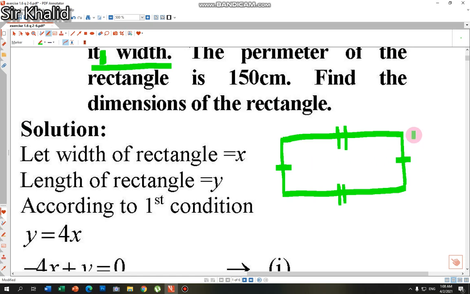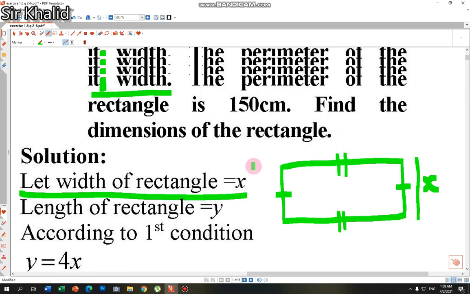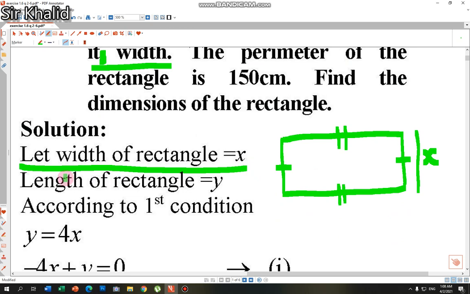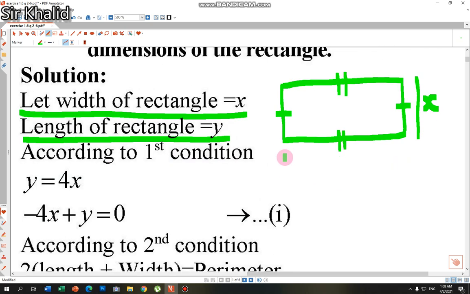Now in this rectangle, this dimension is called the width or breadth of the rectangle. Let the width of the rectangle be equal to x and the length of the rectangle be equal to y. This dimension is called length, that is equal to y.